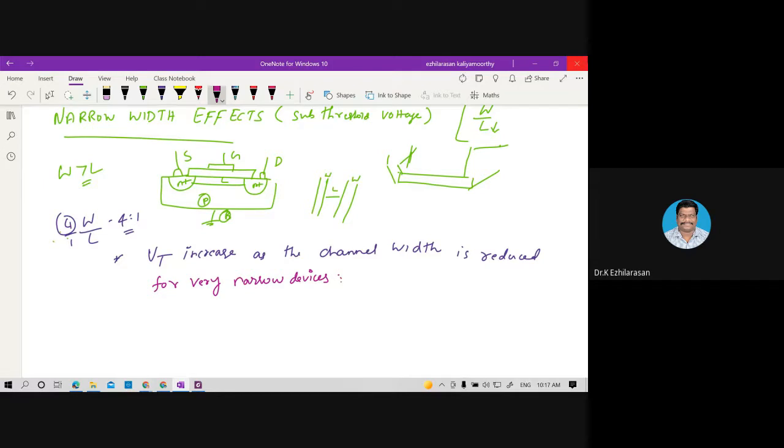So the threshold voltage increases as the channel width is reduced for very narrow devices.